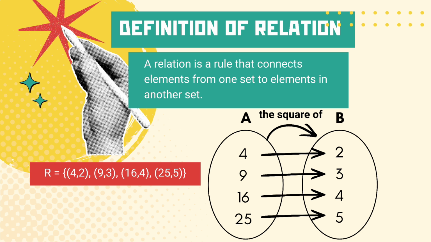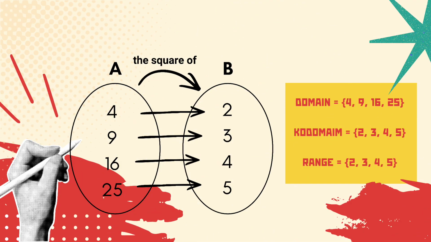So 4 is the square of 2. We can represent the relation by R equal to (4, 2), (9, 3), (16, 4), (25, 5). This means each element in set A is paired with an element in set B.